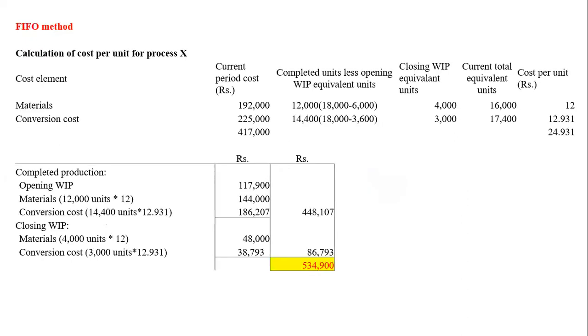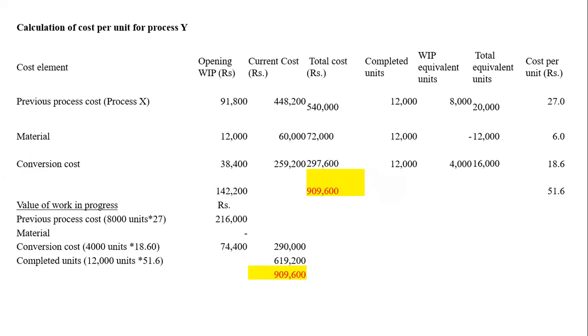Now we will split between the FIFO method and the weighted average method. So this one is on the assumption of the weighted average method. Is that clear? This first part of the calculation has been done on the assumption of weighted average.